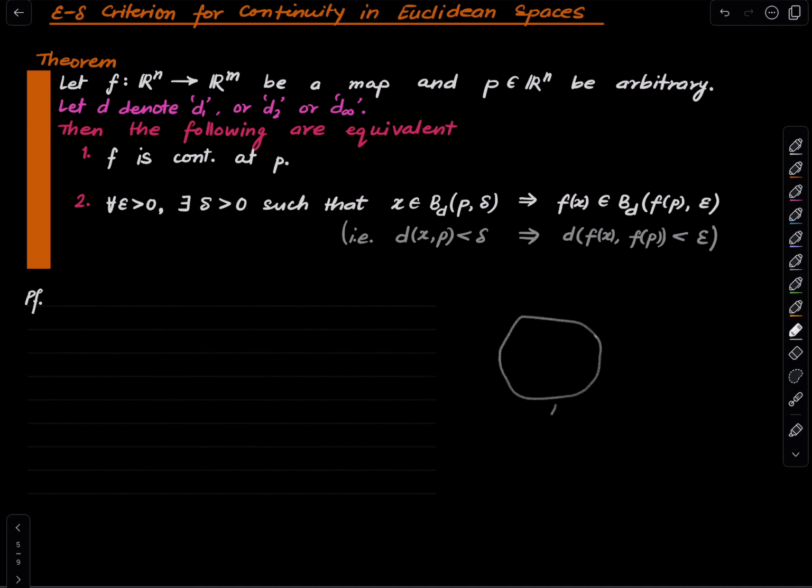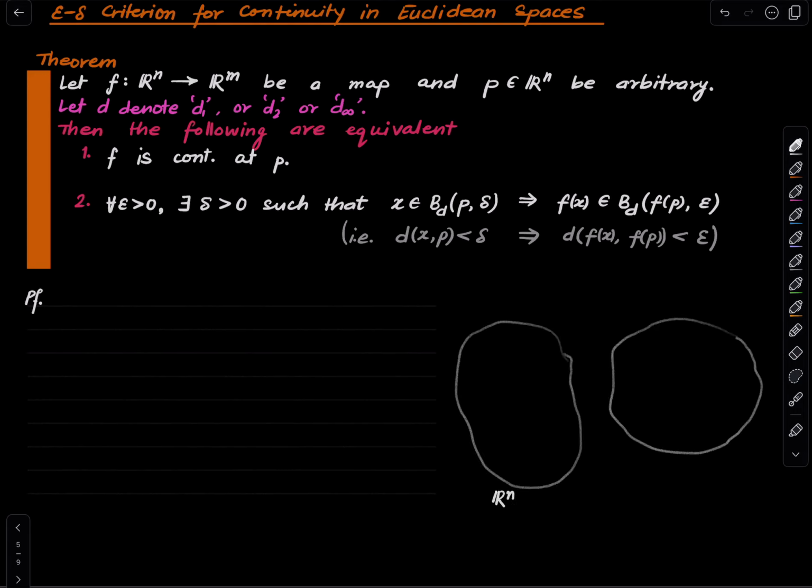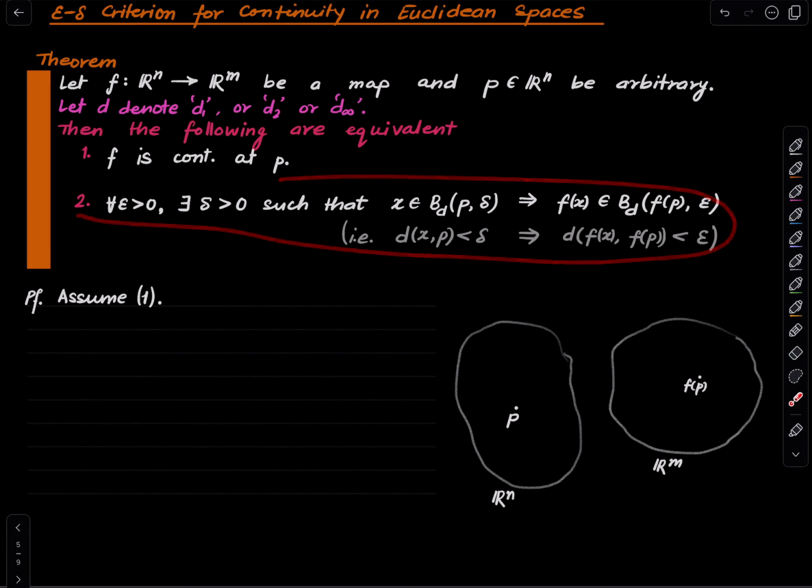Here is Rn, and then on the right side we have Rm, and we have a function. Maybe I'll draw a little bit bigger. Okay, so assume 1, and we want to show that this holds, so fix an epsilon greater than 0.